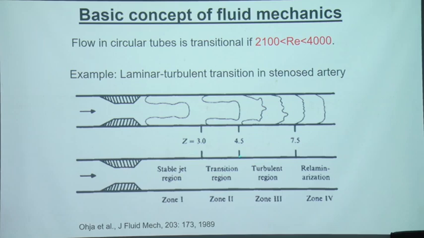Initially there is a stable jet, and then this jet starts to break down, giving rise to a transitional, turbulent region. If the channel is long enough, the flow becomes relaminarized again further downstream. There is a very good description and velocity profiles shown in the original paper.